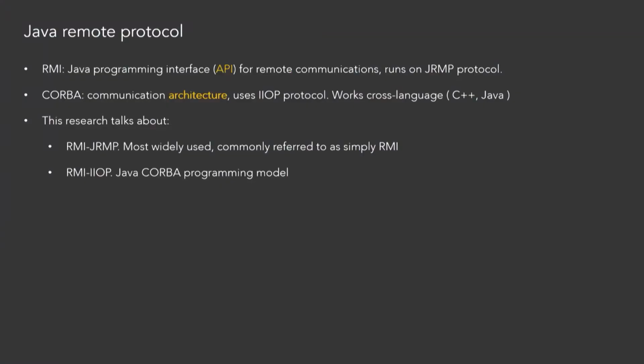Meanwhile, CORBA is a specification that applies to many other object-oriented languages, including C++ and Java. And the Java version of CORBA is named RMI over IIOP.